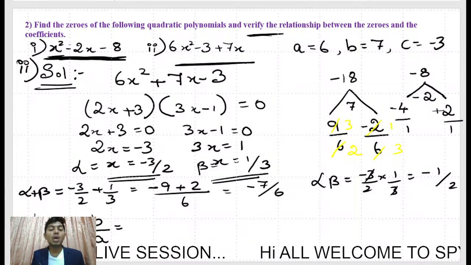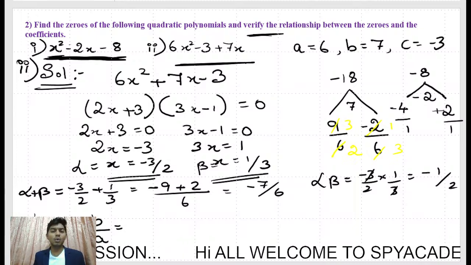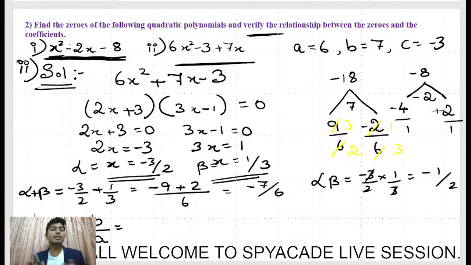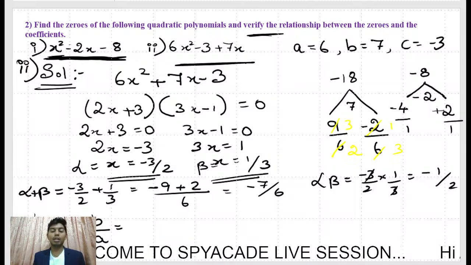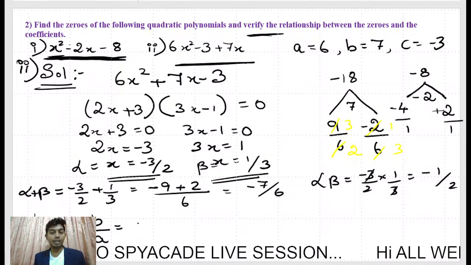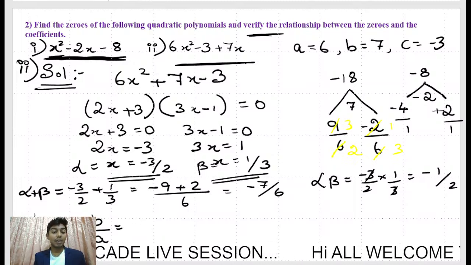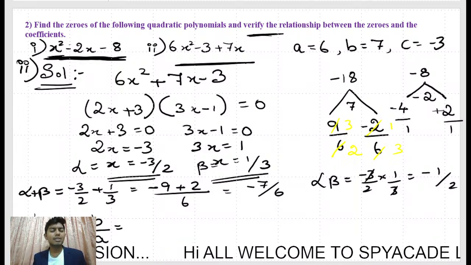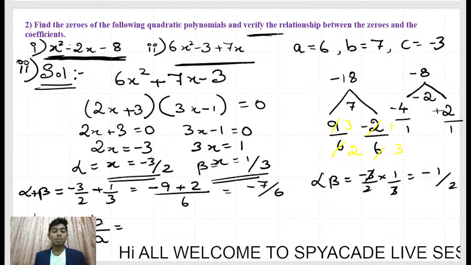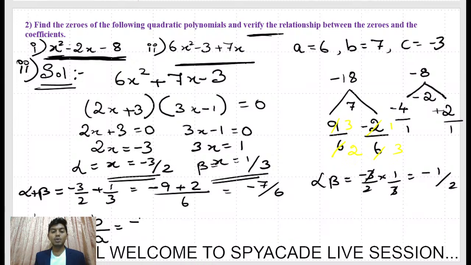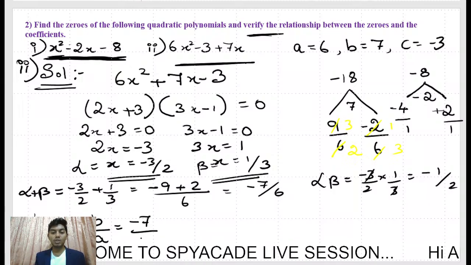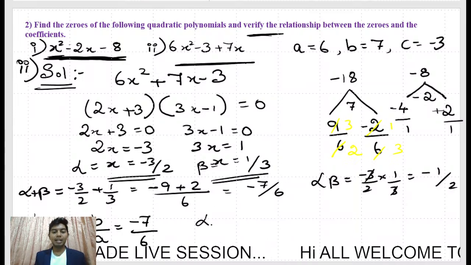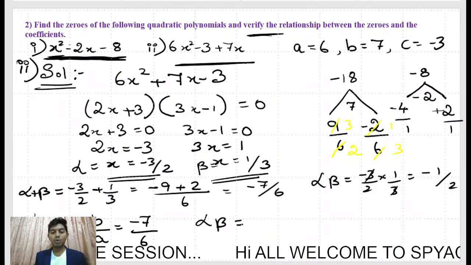When you are writing this, you have to be very careful. I have seen many students make small mistakes here. They get confused with the numbers when they write. So minus b divided by a. That's why again and again I tell you, just keep it as a, b, c instead of considering it as x square and x. So minus b divided by a. It's going to be minus 7 divided by 6. Got it? And then alpha into beta, what will you get?